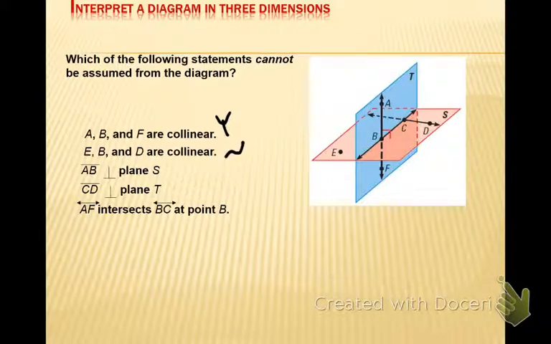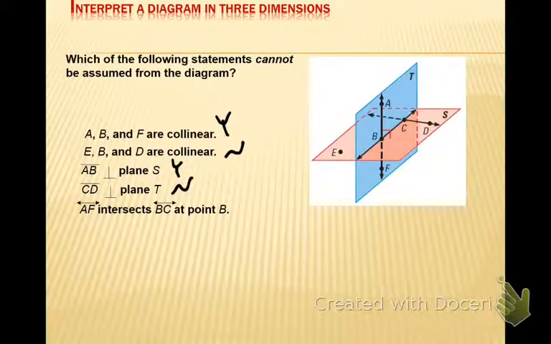This right angle box right here tells us that, right? They form a right angle, so they have to be perpendicular. Okay, and the next one says that segment CD is perpendicular to plane T. CD is right here. Can we assume it's perpendicular to plane T? No, no right angle box, right? So again, this is a yes and a no.